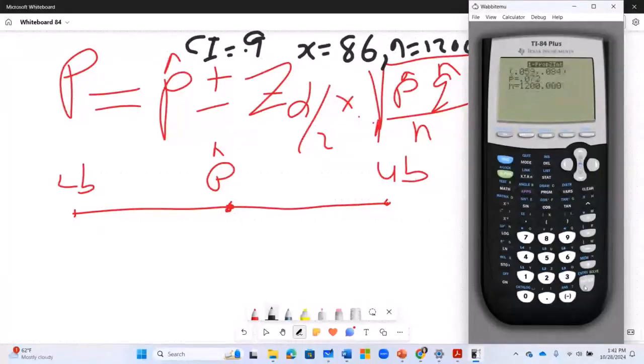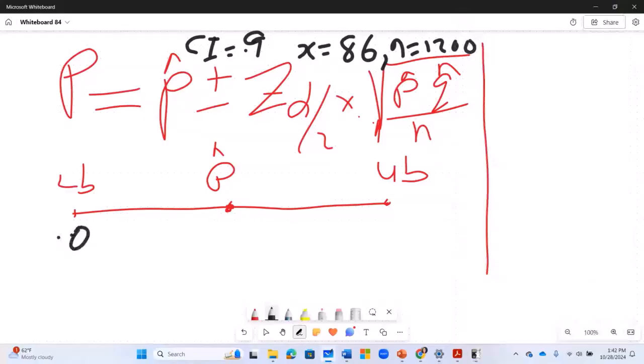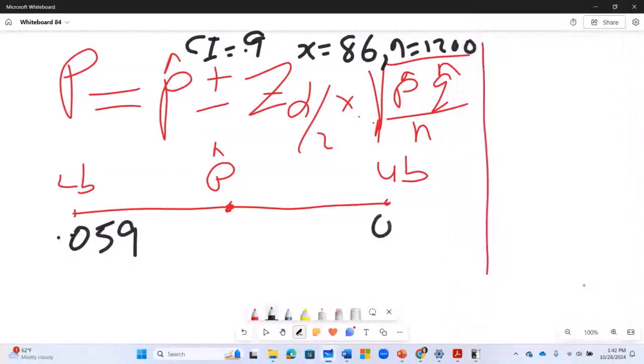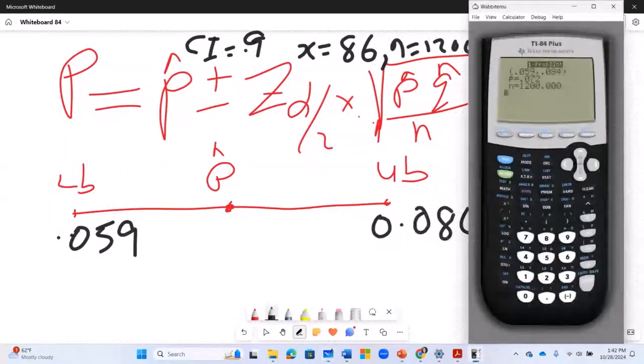It has given me the lower bound and upper bound of the confidence interval. The lower bound is 0.059, and the upper bound is 0.084. If I'm told to find the margin of error, well, let me first write the point estimate.